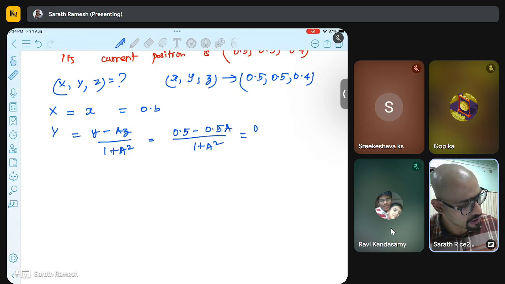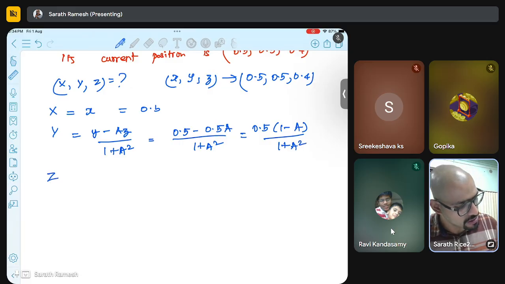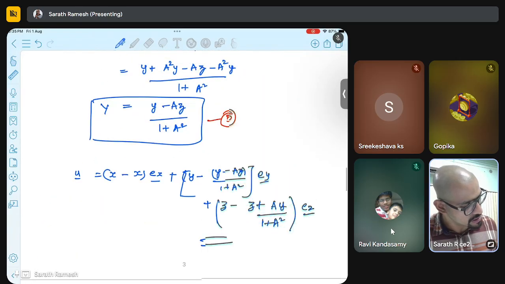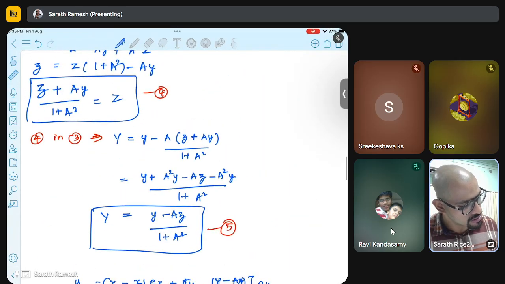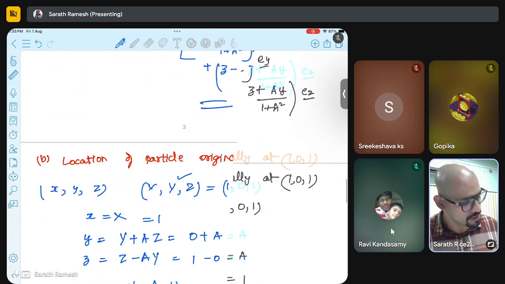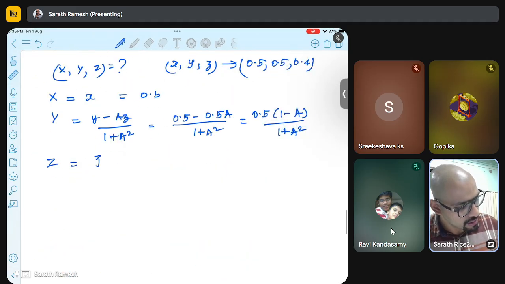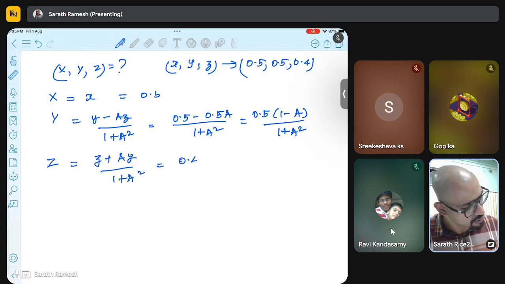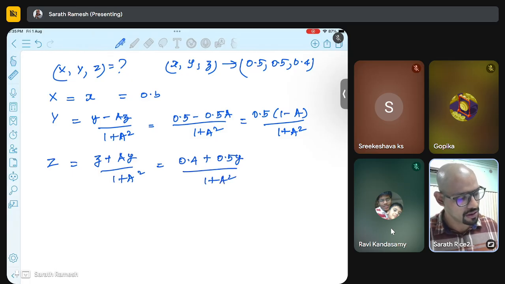We can take 0.5 as common. So 1 minus A by 1 plus A square. Okay. And capital Z is z plus AY by 1 plus A square, which is 0.4 plus 0.5A by 1 plus A square. Done? So that's it.